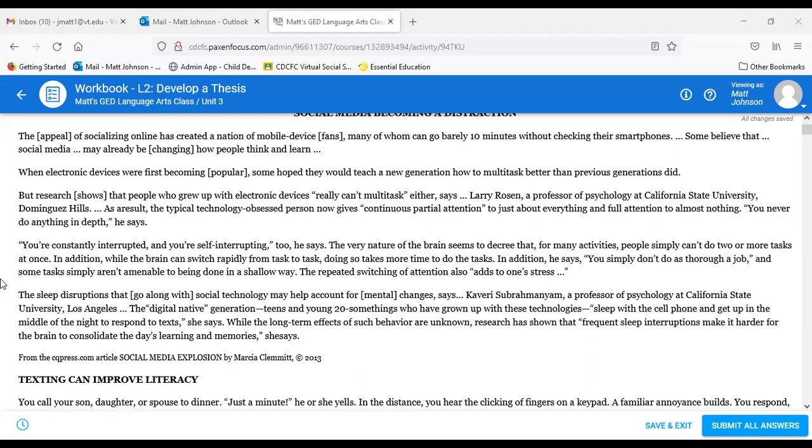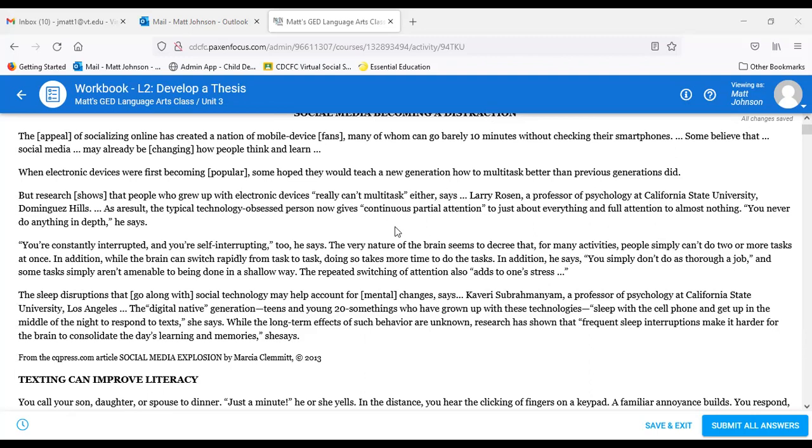Continuous partial attention. As a result, the typical technology user now gives continuous partial attention to just about everything. Yes. So that whole passage, what we have is an appeal to ethics. She uses an expert. She has expert testimony.